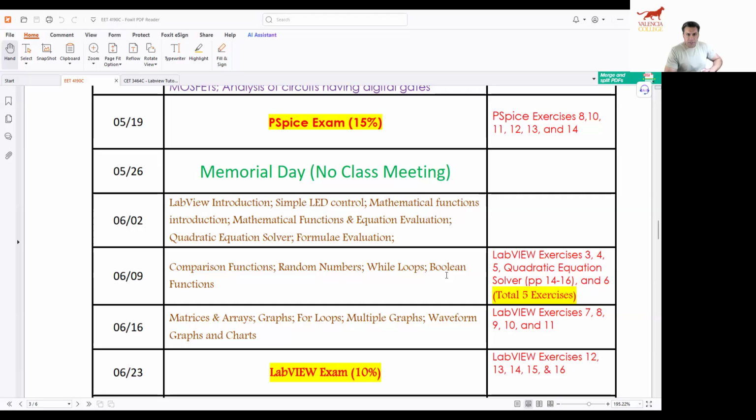And comparison functions and Boolean functions, both are used basically to, as I said, generate results based on the comparison and to do some function in your system, in your control system, when you're comparing two values or comparing two entities.